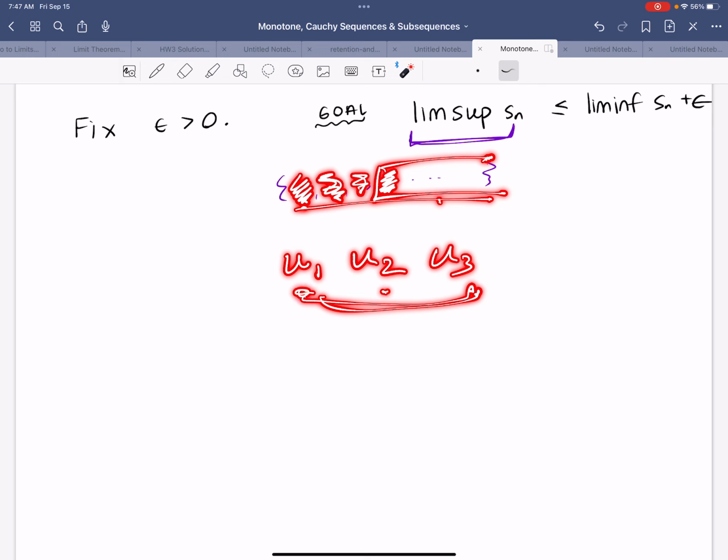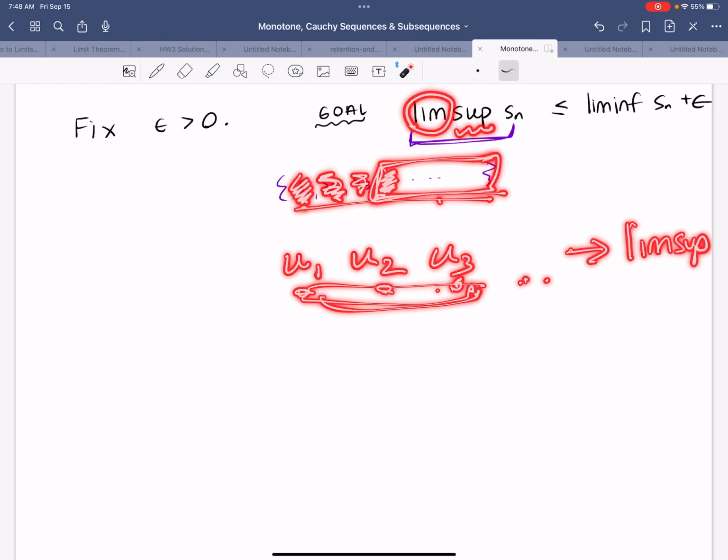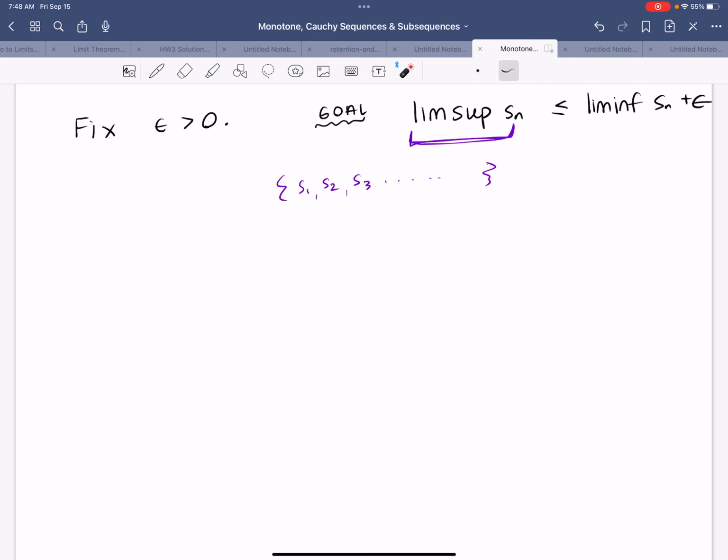So I have a sequence of decreasing terms. If I'm decreasing and I'm bounded, then I have to converge, right? Because monotonic plus bounded implies convergent. And that limit is your lim sup. So it's literally the limit of the sups of the tail end of the sequence. And then similarly for the lim inf.